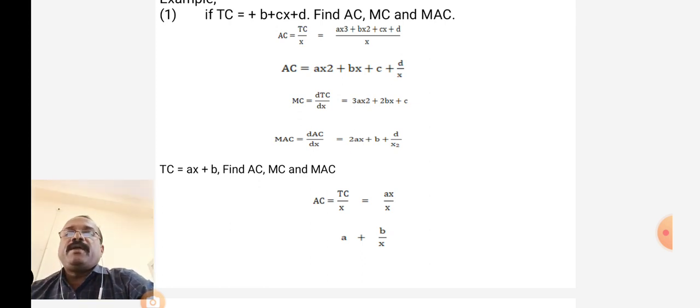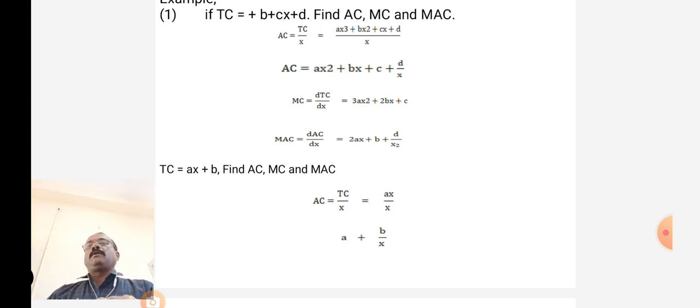And in the third way, we find MAC under this function, TC equals ax plus b: MAC equals dAC divided by dx, which equals minus b divided by x square. This is the way in which we find average cost, marginal cost and marginal average cost under the function TC equals ax plus b.